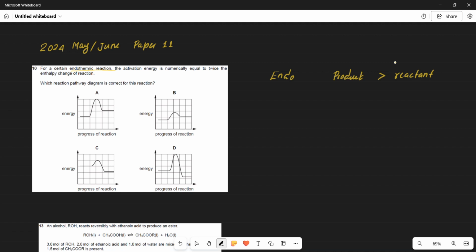And next, what they are talking about is the activation energy is numerically equal to twice the enthalpy change of the reaction. So I need to first identify these two terms in the diagrams.